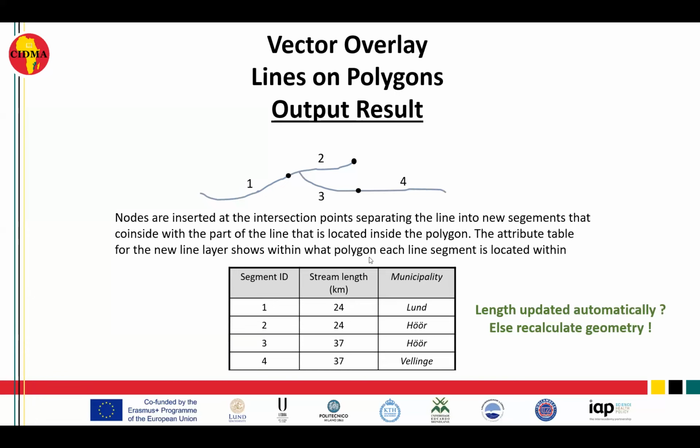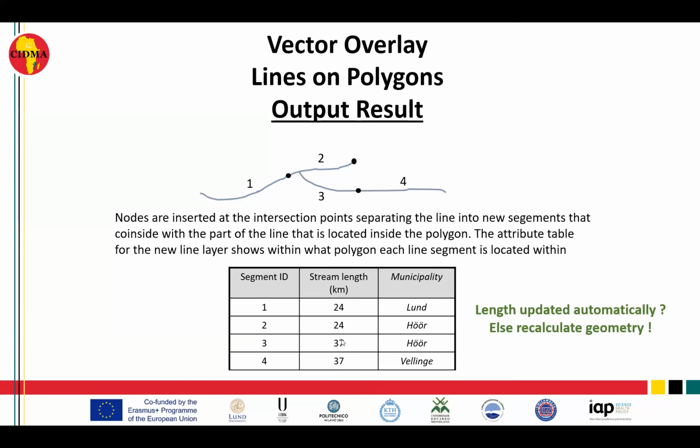If we put the result into a geodatabase, the length will be updated. If we only let it out as a shapefile outside a geodatabase, the length will not have been updated. We see here it's the same length.